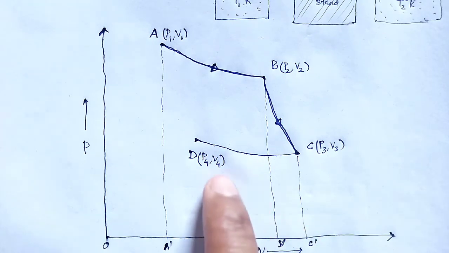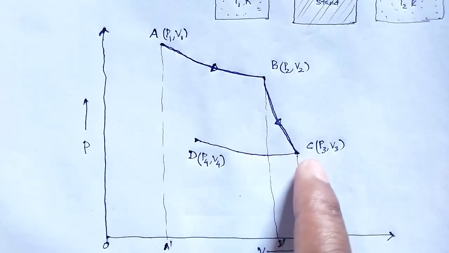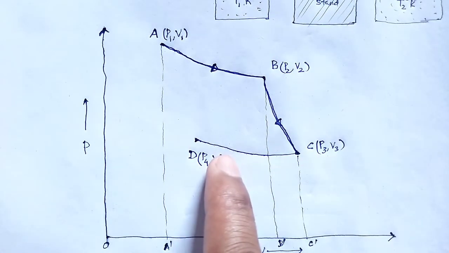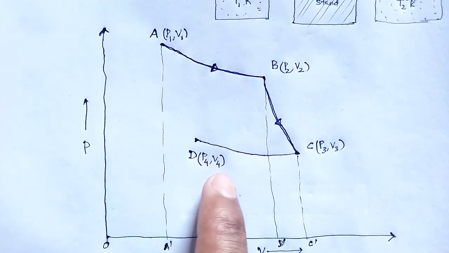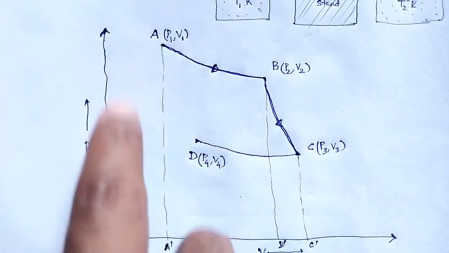So, in the process of isothermal compression, gas moves from state C having coordinate P3 V3 to the state D having coordinate P4 V4, and it is represented by the curve CD under the PV diagram.